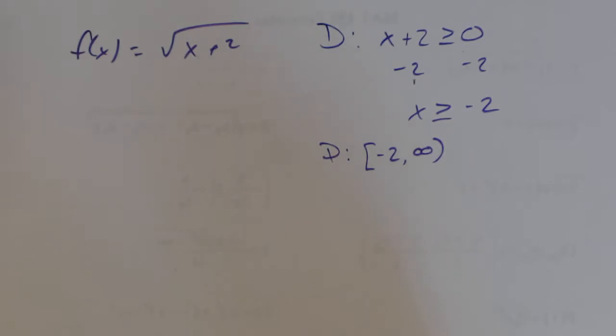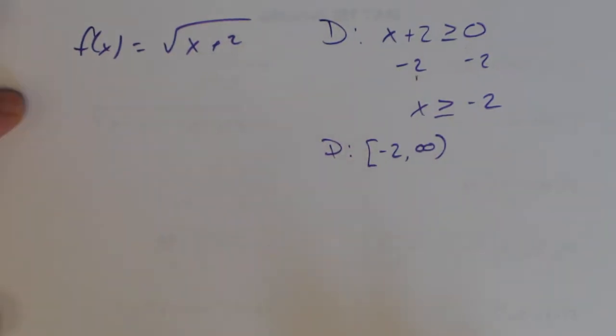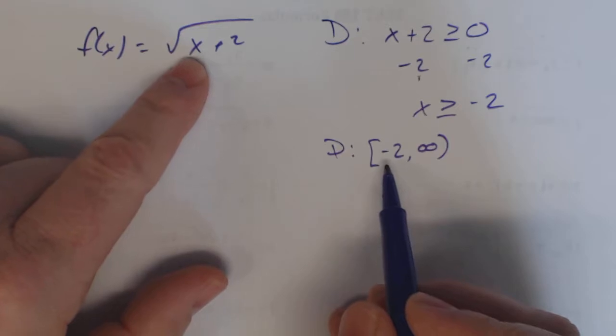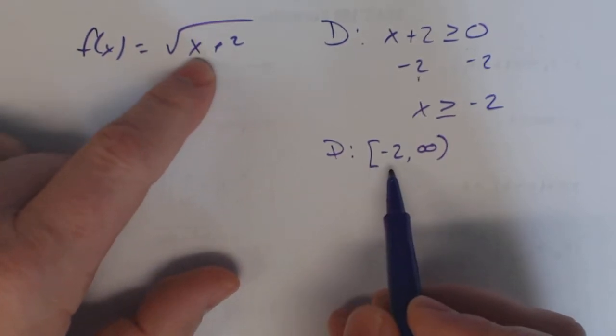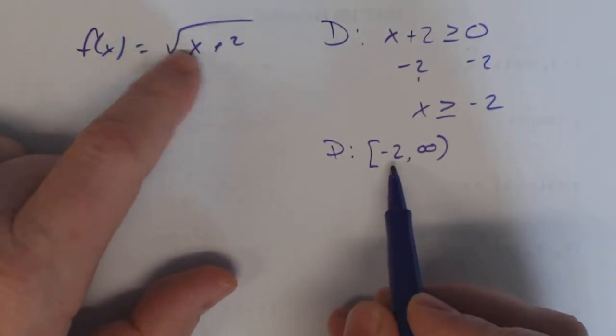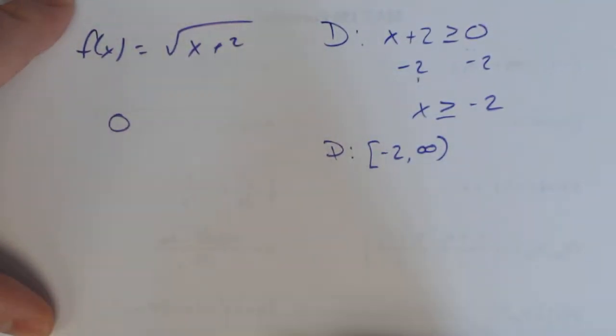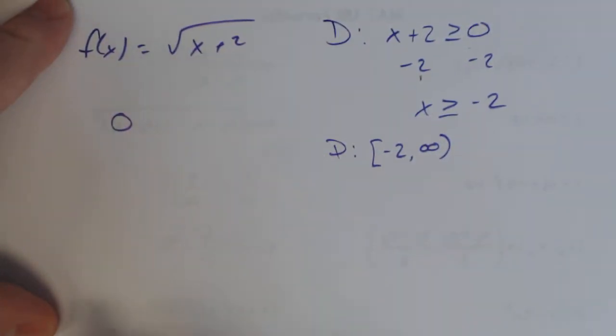Range. So what are all the values you want to get out of this? Well, if you think about all the inputs, if I start at negative 2 plus 2 is 0, right? And the square root of 0 is 0. So the output of 0 would be the starting of your range.